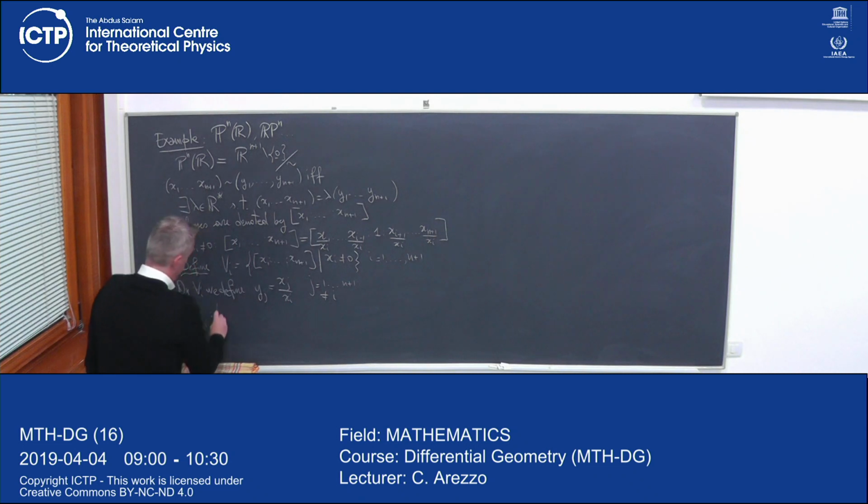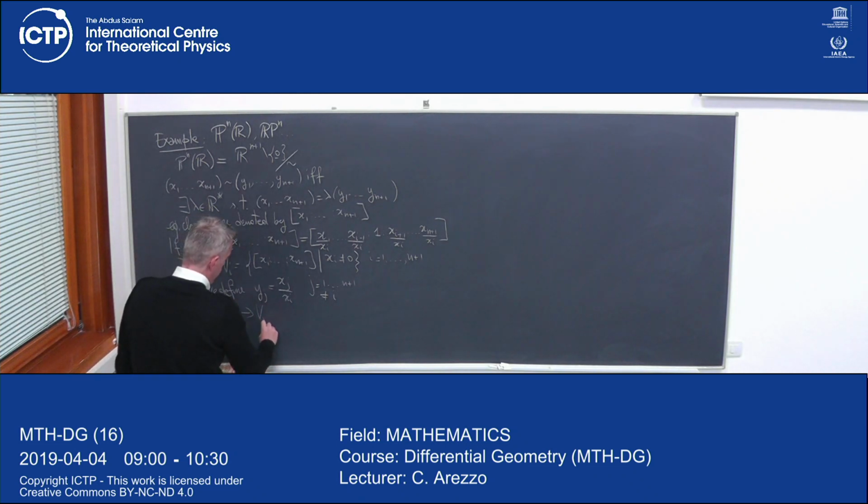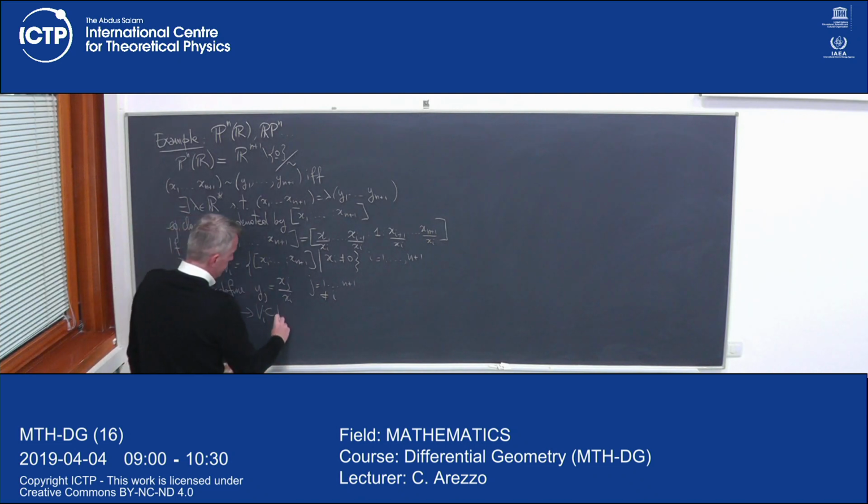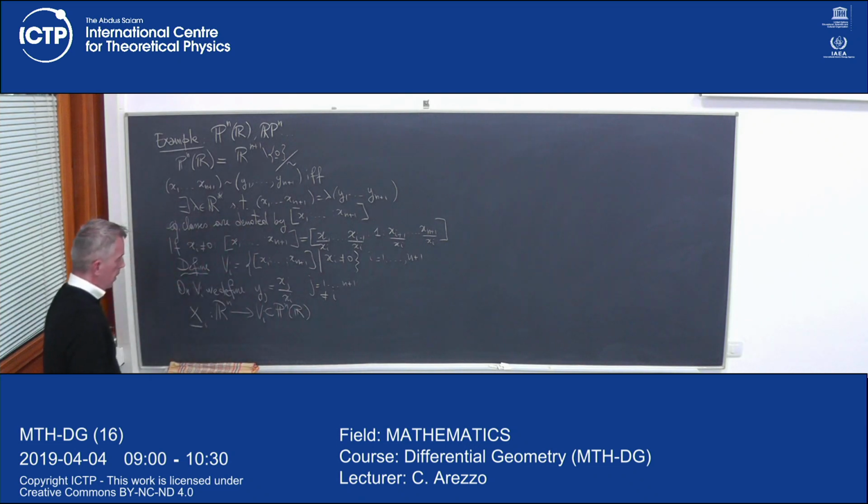So I take R^n as the domain of my chart, and I go to P^n(R), but I know already that I'm going to hit only V_i. Doing what?